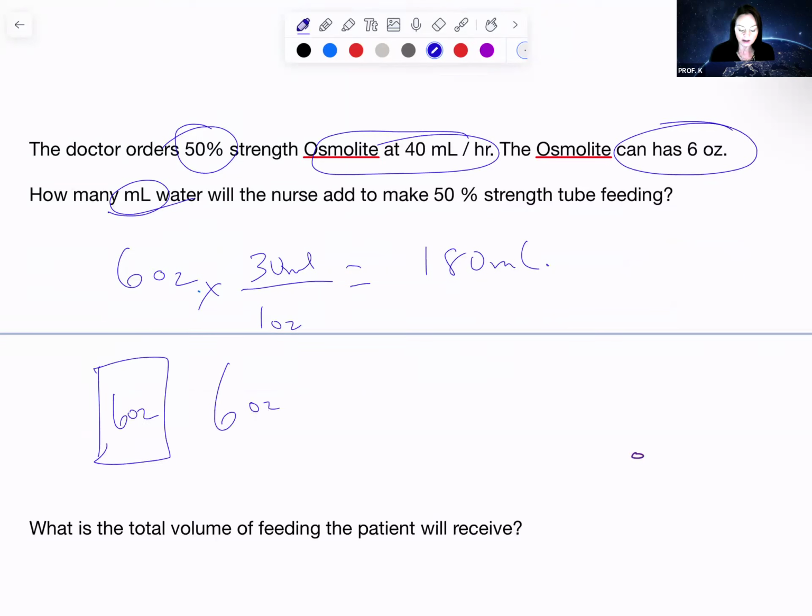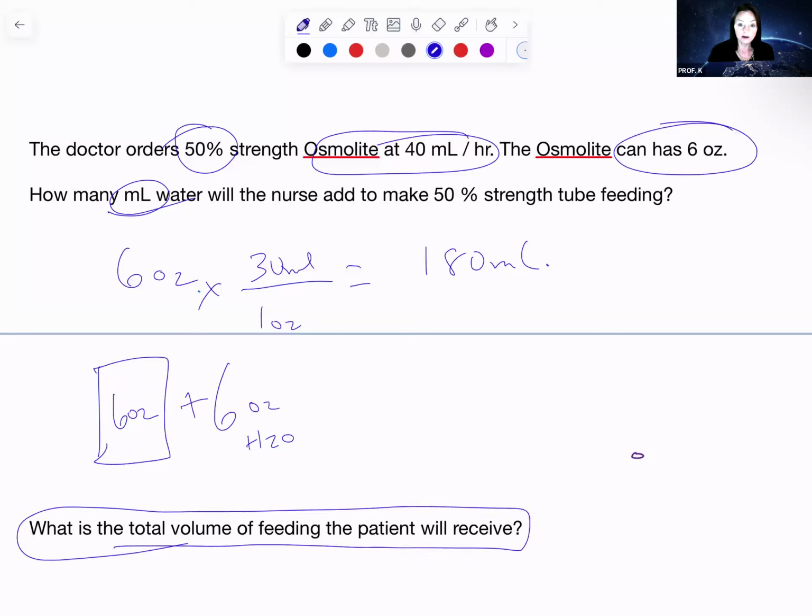You added 6 ounces of water. The total volume of feeding the patient will receive is 6 plus 6, which is 12 ounces. So I convert it to milliliters. 1 ounce is 30 milliliters. Cross off my ounces. 12 times 30 is 360 milliliters.